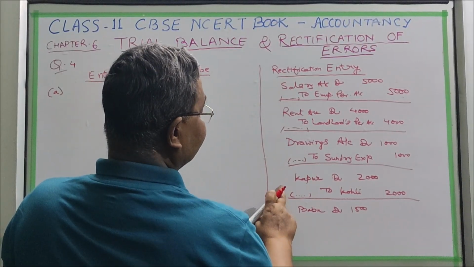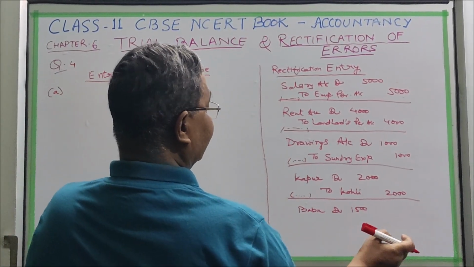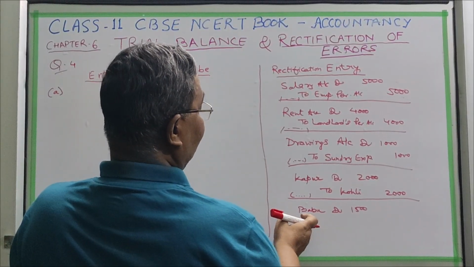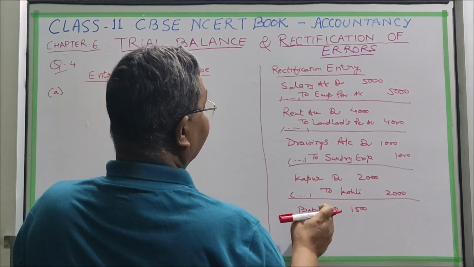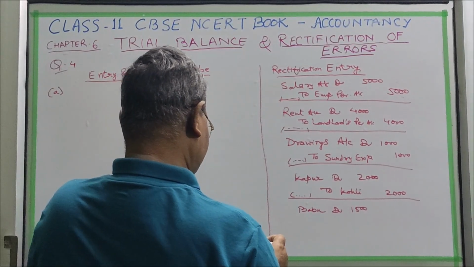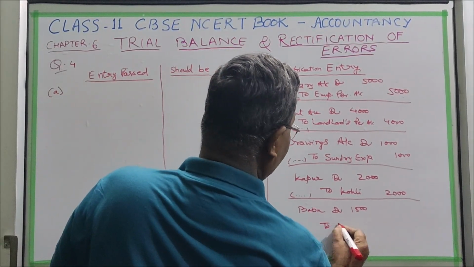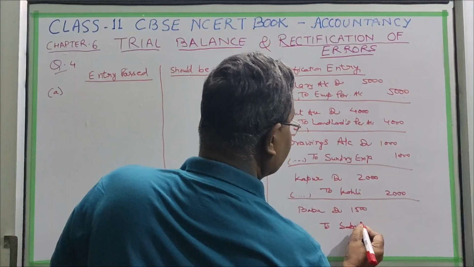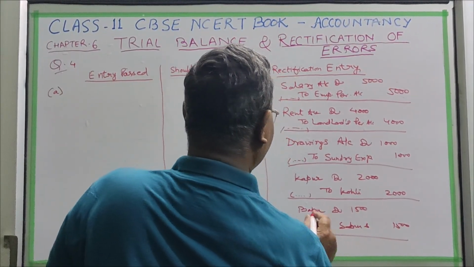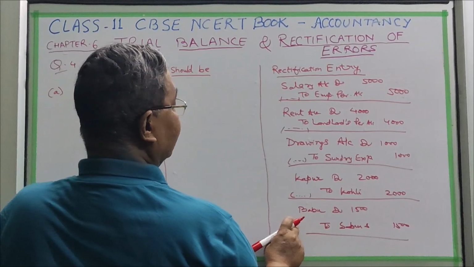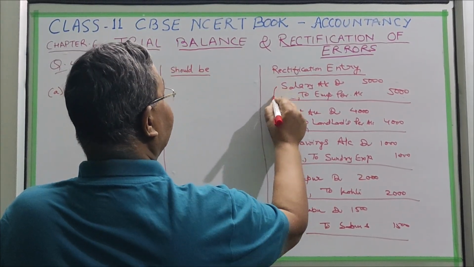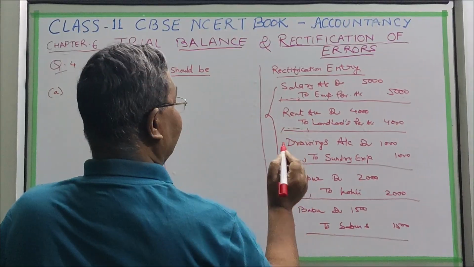Commission means instead of this account you have debited the wrong account. Cash paid to Babu, for Sabu's account, to Sabu, Sabu's account 1,500. So these are your commission entries, wrong entries. And these are your errors of principle.